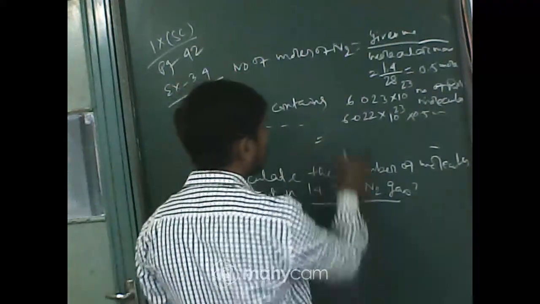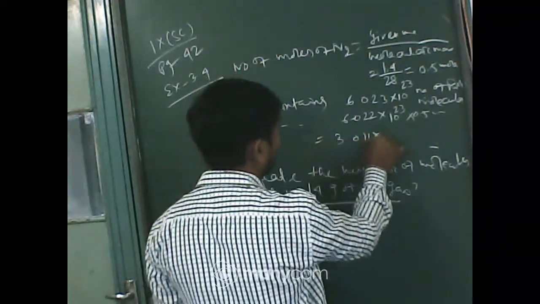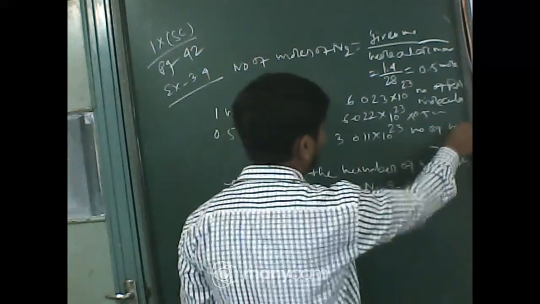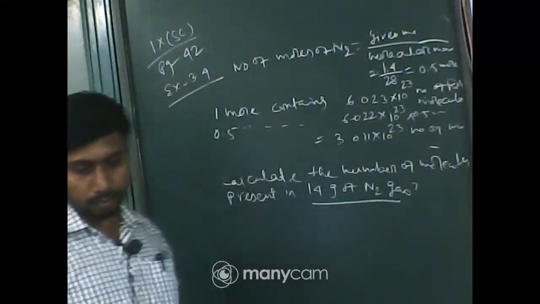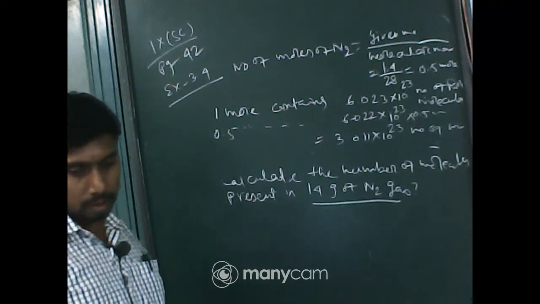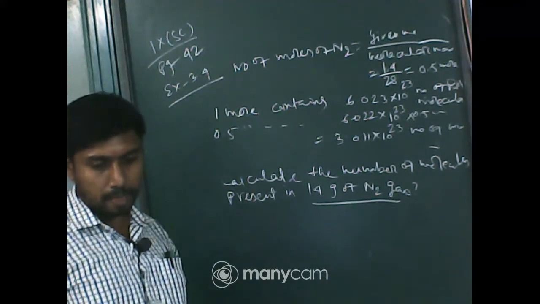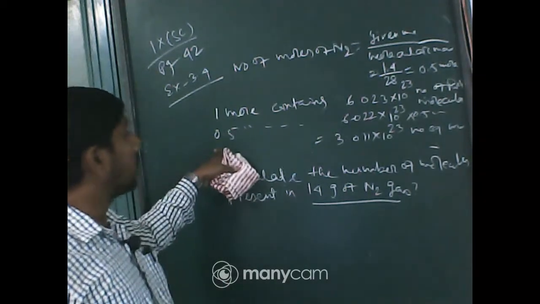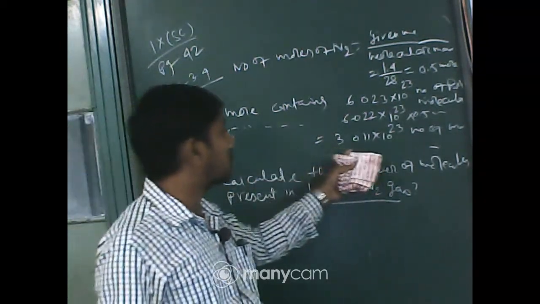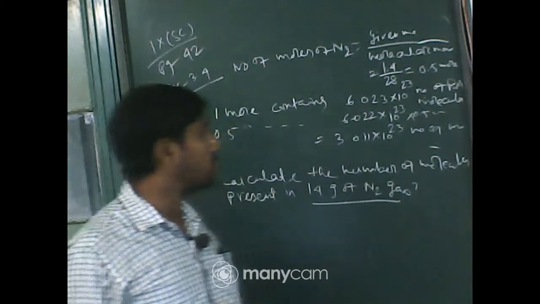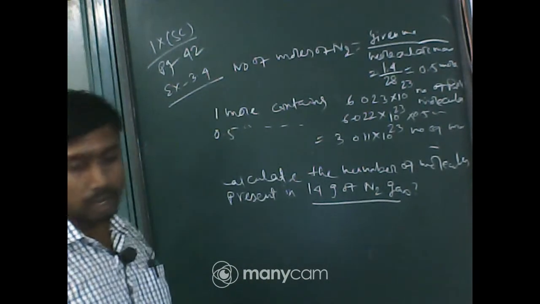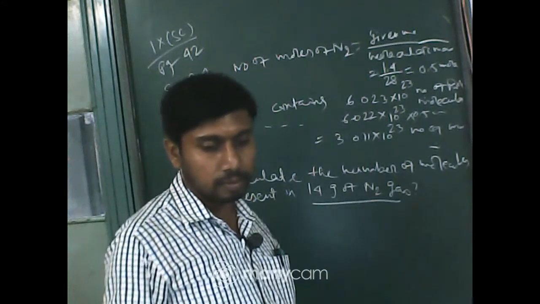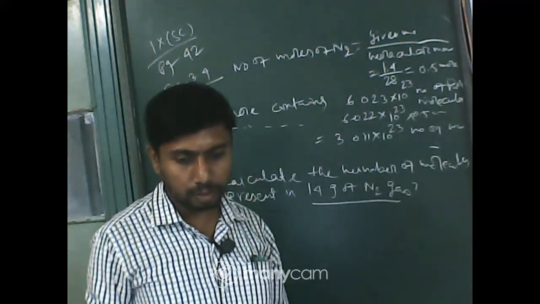It is equal to 3.011 into 10 to the power 23 number of molecules. So, 14 gram of nitrogen contains 3.011 into 10 to the power 23 molecules. Clear?